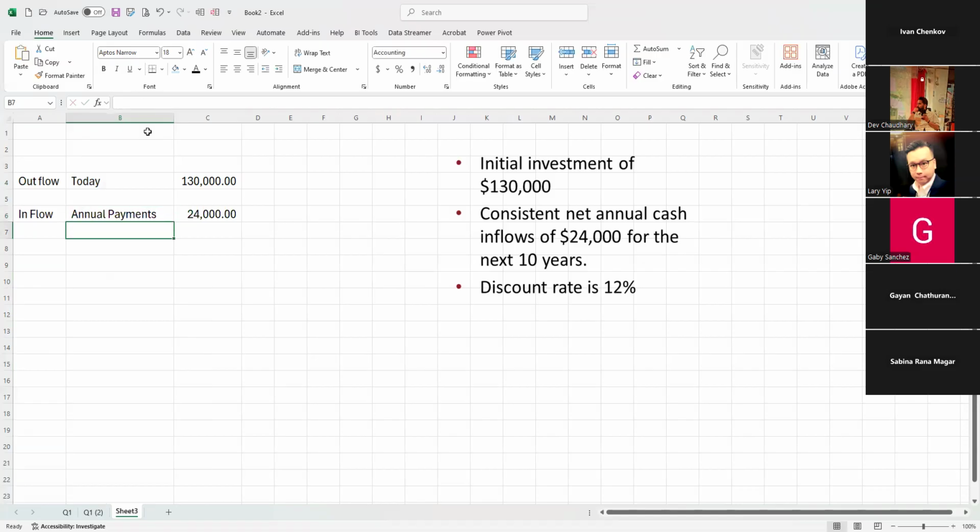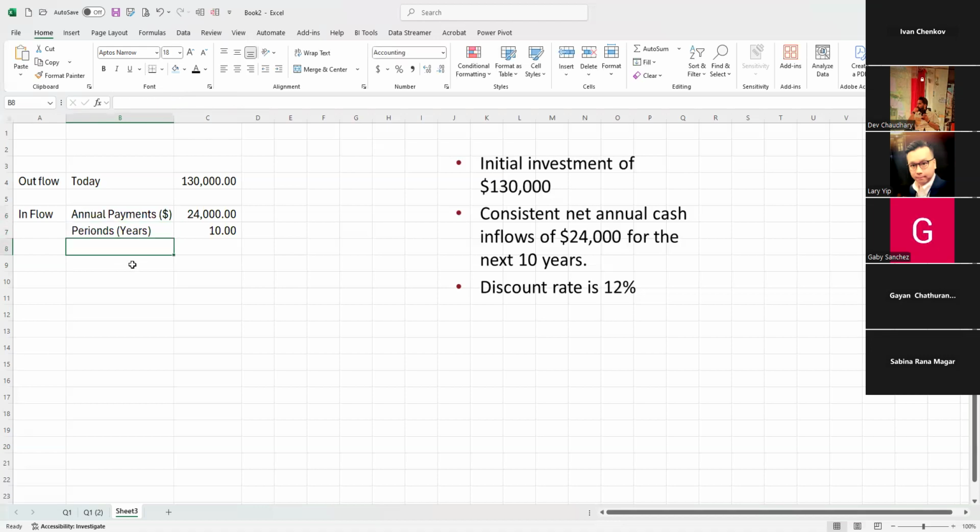Then we're going to have periods, and we're going to get those over 10 years. And then we're going to have periods in years. Annual payments, obviously, that will be in dollar amounts.